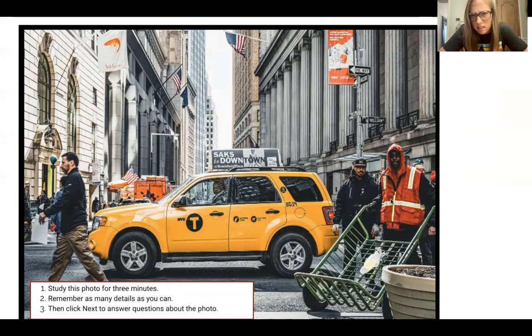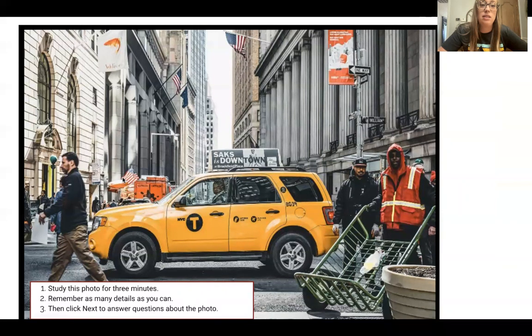And it looks like there's a police officer behind him, maybe trying to help him hurry up so he doesn't hold up traffic. There is what I assume to be a taxi going by. It has a T on the car. And everyone's wearing jackets, so we can assume that it's probably fall or winter.